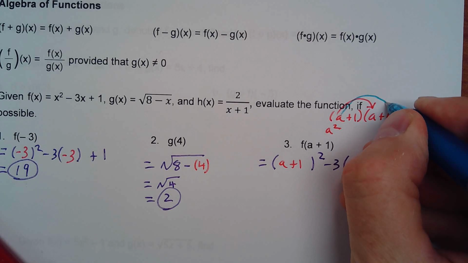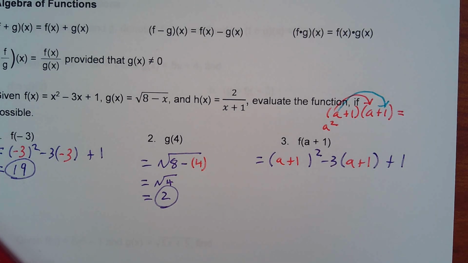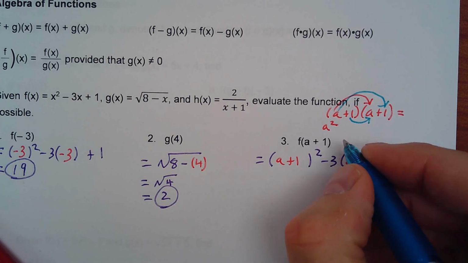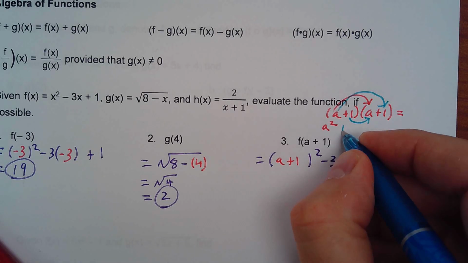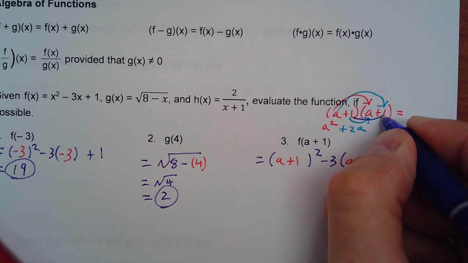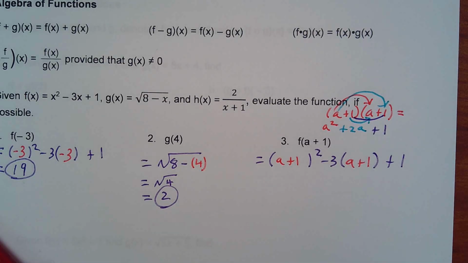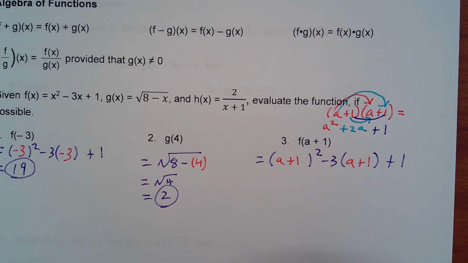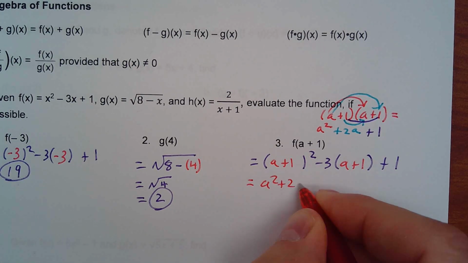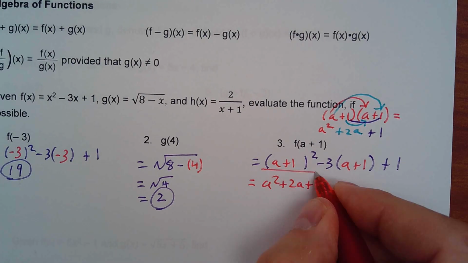A times 1 is 1a. 1 times a is 1a. 1a plus 1a is going to give me a 2a, just combining like terms. And then 1 times 1 would be 1. So we'll get a squared plus 2a plus 1. So be extra careful on that one. So that's what we get for this part.